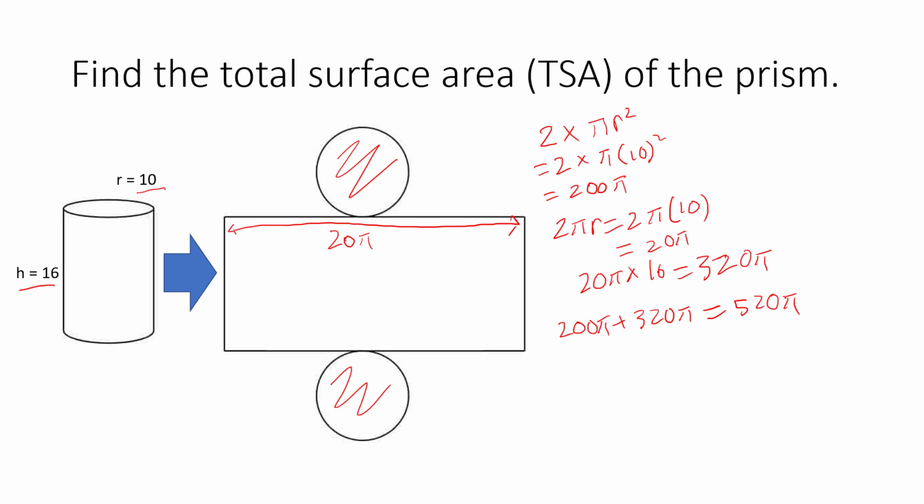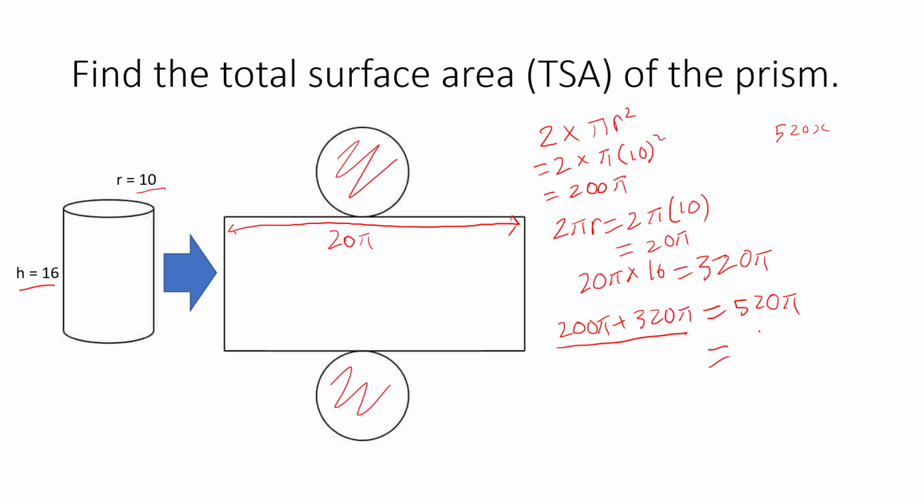Now, the last step is important because if you don't do the last step, you wouldn't get the accuracy mark. But you can see that all my working is very neat. So I'm using pi like an unknown, but actually it's known, okay? It's like algebra, like 520x, like that. Then I actually know the value of x.